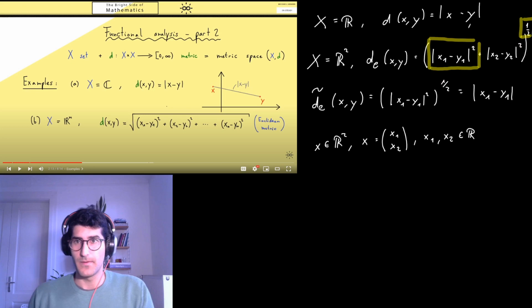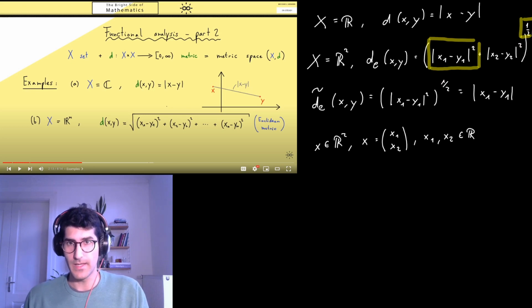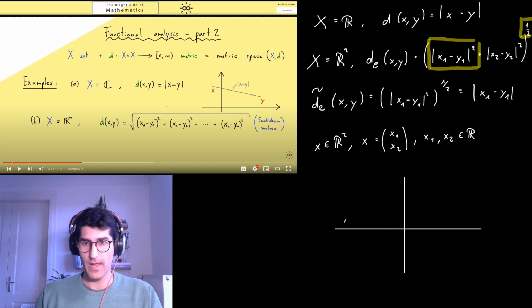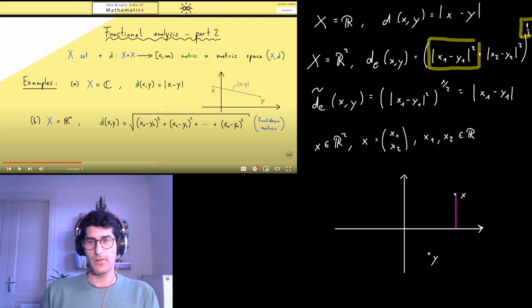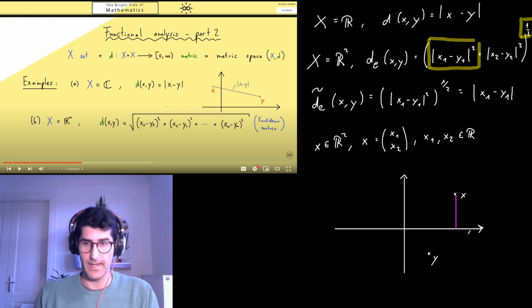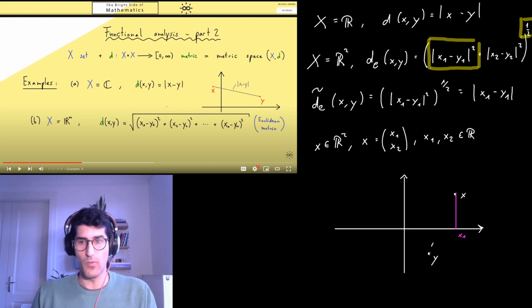Let's look at an example in the plane. Let's say we have two vectors, x and y. x is up here and y is down here. Then the first component of x I can read off on the x-axis here, and this is the component x1. Same goes for y.